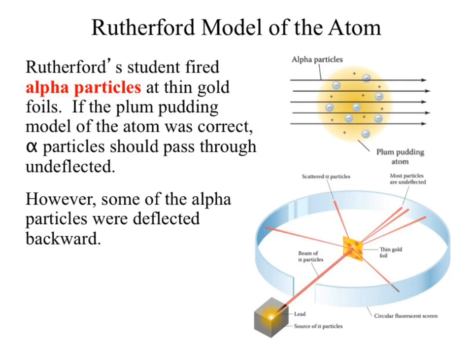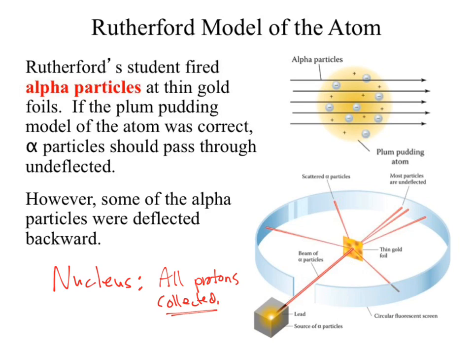Don't have it nicely put in. Rutherford now states that we have a nucleus where all of the protons are collected. Okay. That's a really important conclusion. We have a nucleus where we now have all of our protons.